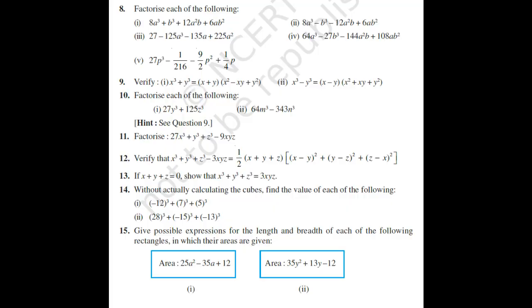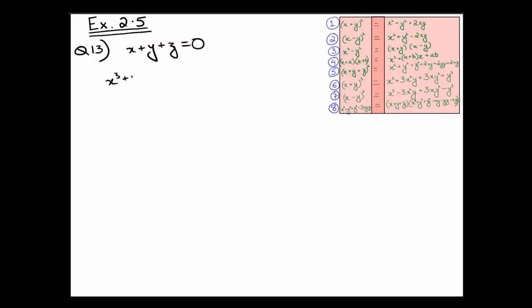Now we move on to question number 13. Question number 13 is saying that if x plus y plus z is equal to 0, and this is given to us, we need to prove that x cube plus y cube plus z cube is equal to 3 times x into y into z, right? And for this, I'm just going to write identity number 8 out here.